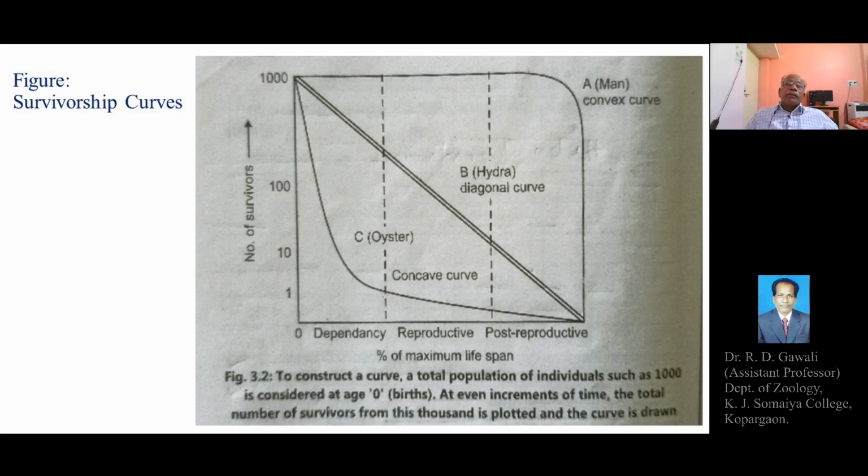Ultimately the curve appears diagonal or straight, and thus the straight line in a survivorship curve means an equal number of individuals die in each stage of life among the three: pre-reproductive, reproductive, and post-reproductive stages. Then the second type of curve is the convex curve.